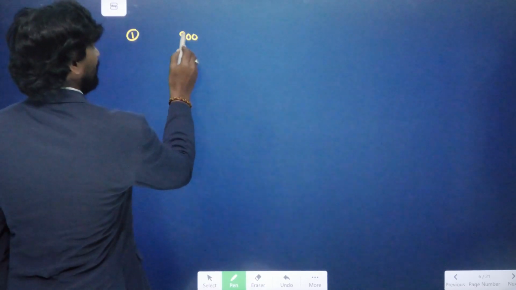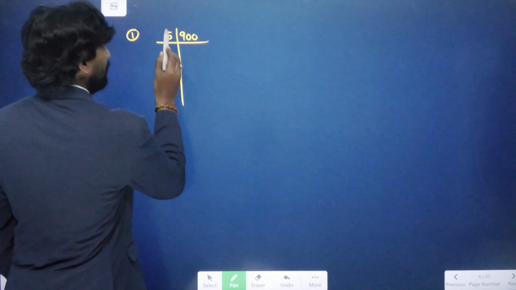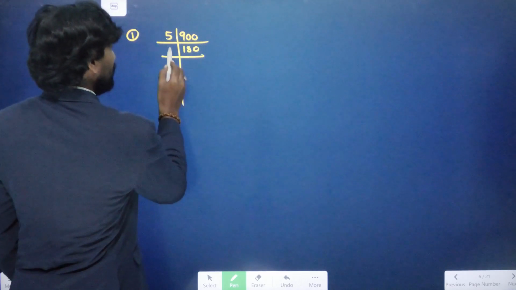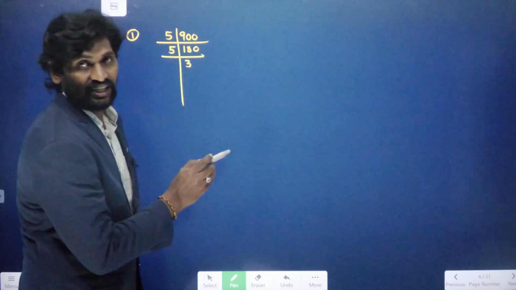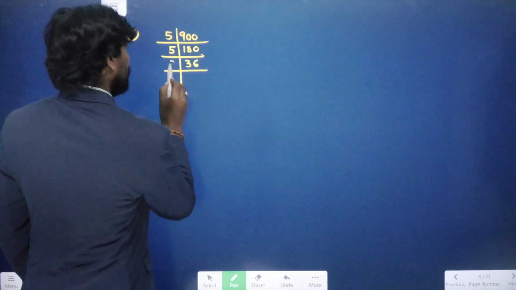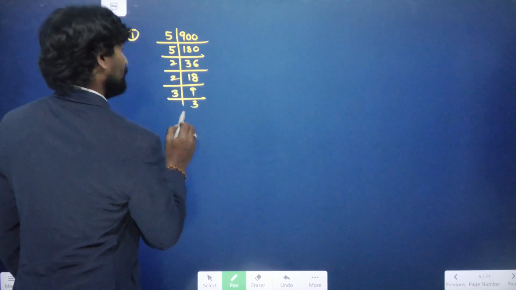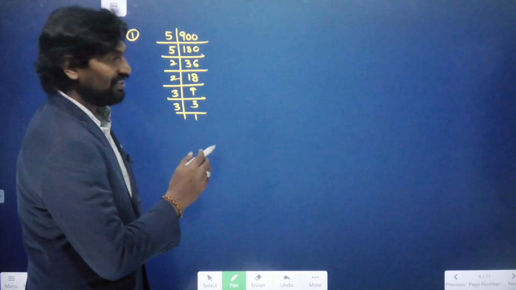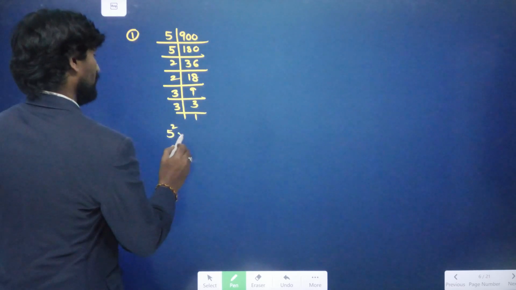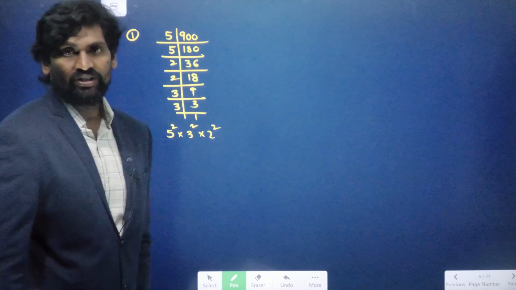Here 900 is given, so let us find the prime factors of this number. 5 eights are 40, 180. 5 threes are 15, 5 sixes are 30, 36. 2 eighteens, 2 nines, 3 threes, and 3 ones. So there are 3 different prime numbers, that is 2 square into 3 square into 5 square.